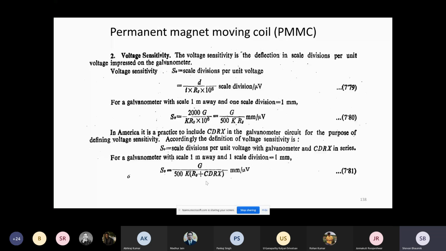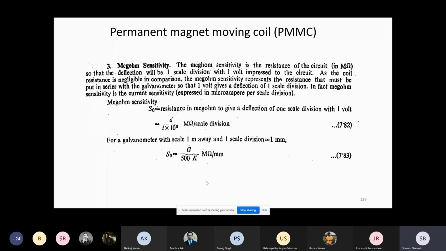Now there is another thing, which is megohm sensitivity. Megohm sensitivity comes into play when we want to measure the resistance with the help of the galvanometer circuit.